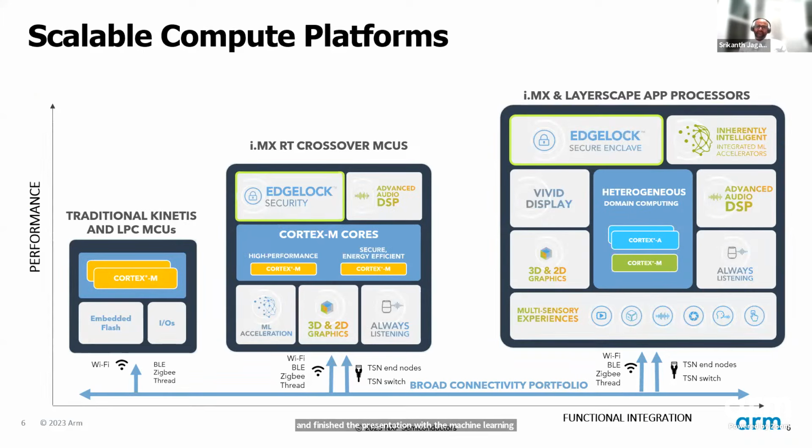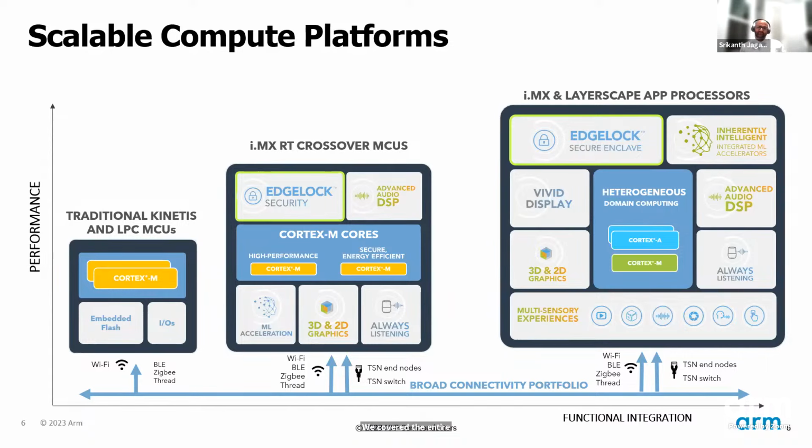So from NXP Semiconductors, we have had application processors, or our edge device compute processors, for a while now. We cover all the way from a low end, like an MCU microcontroller, to a high end processor that could have multiple processing units. So basically we cover the entire area here.